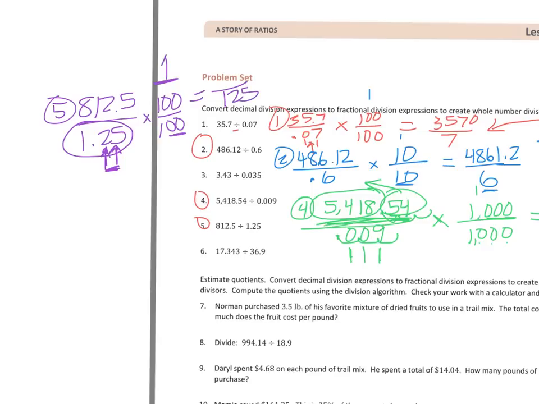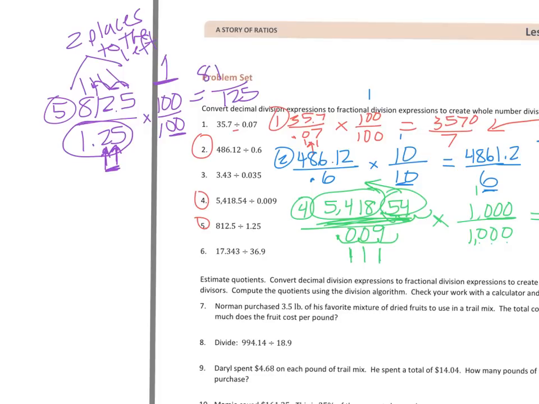And if I multiply 812 and 5/10 by 100, all 4 of these digits are going to move 2 places in the place value chart to the left. So if they jump to the left, the 5 would be in the ones, and then the 5 would be in the tens.